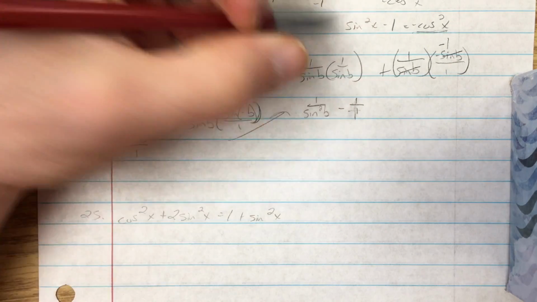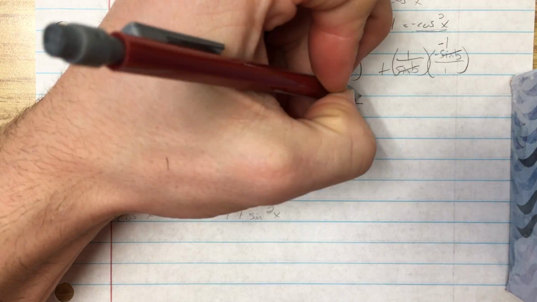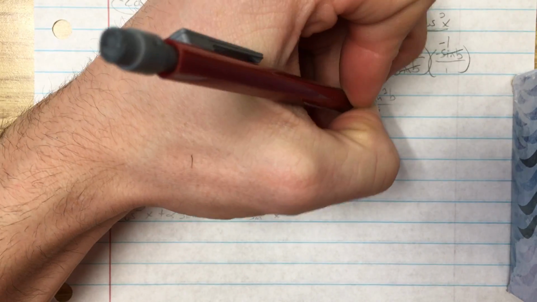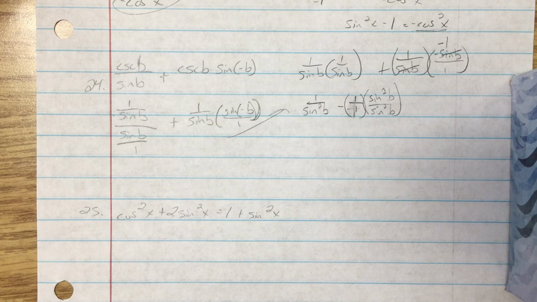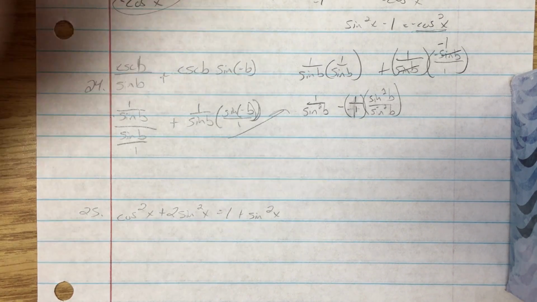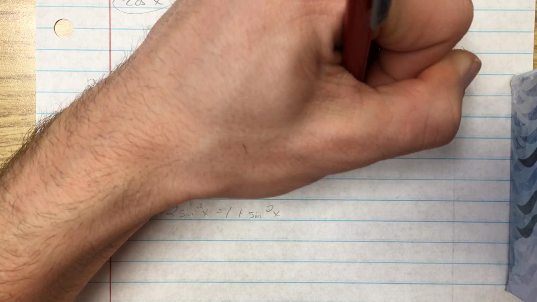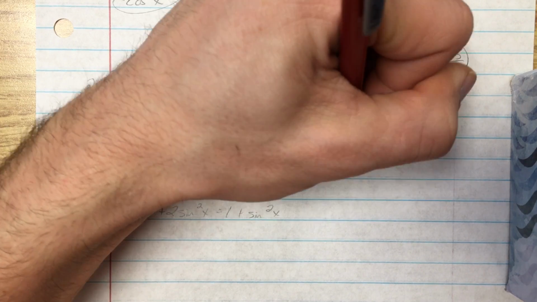Well, this side doesn't need anything, because it already has sine squared of b. Right hand side, I got to multiply by sine squared b over sine squared b in order to get common denominators here. So now I have 1 minus sine squared b over sine squared b.